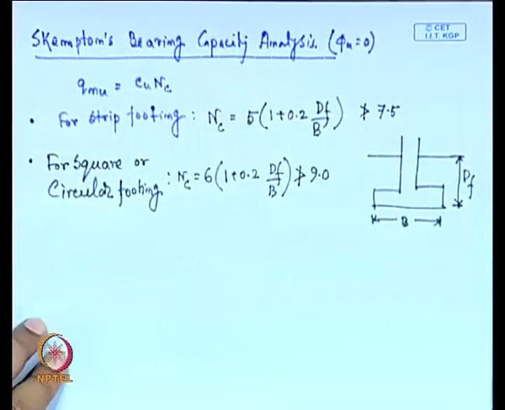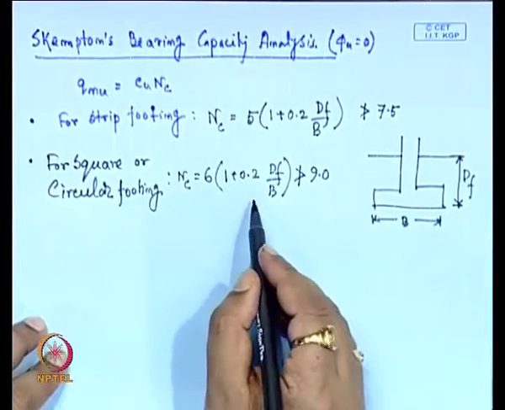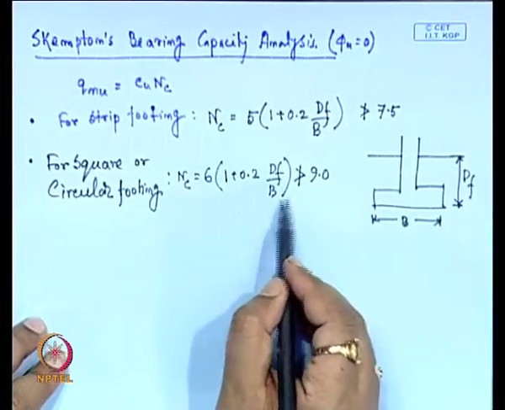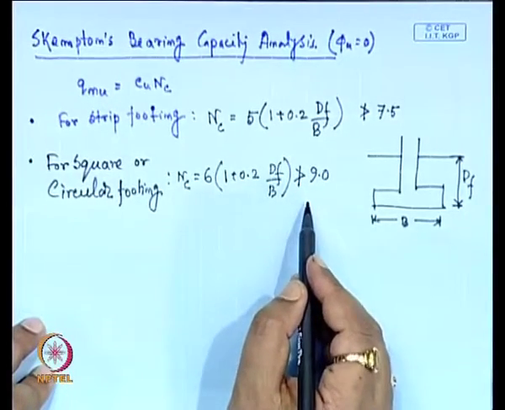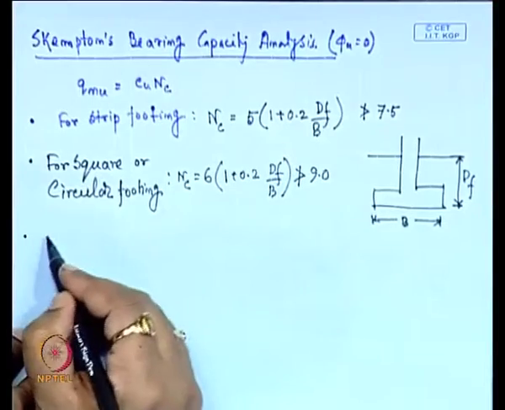So, here this value is 6 into 1.5 into 1 plus 0.2 df by b, which is limited to a maximum value of 9.